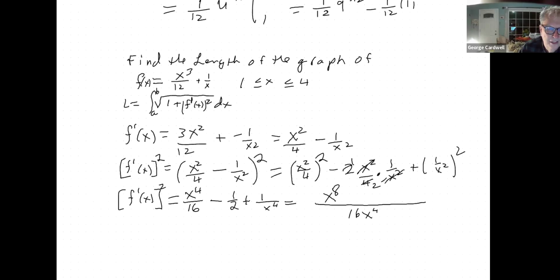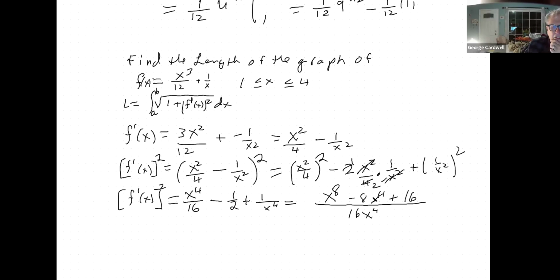I had to multiply 2 by 8x to the 4, so the top becomes minus 8x to the 4. And then I have to multiply top and bottom here by 16 to make x to the 4 into 16x to the 4. So that means I'm going to add 16.